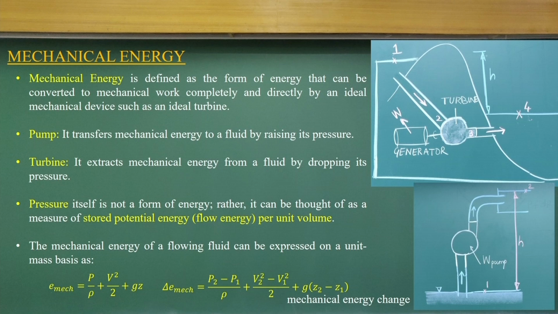So, coming back to Bernoulli's equation, there are three terms which are defined as energy terms. If I have two points and I take the difference between these energies, the net energy difference will come in.